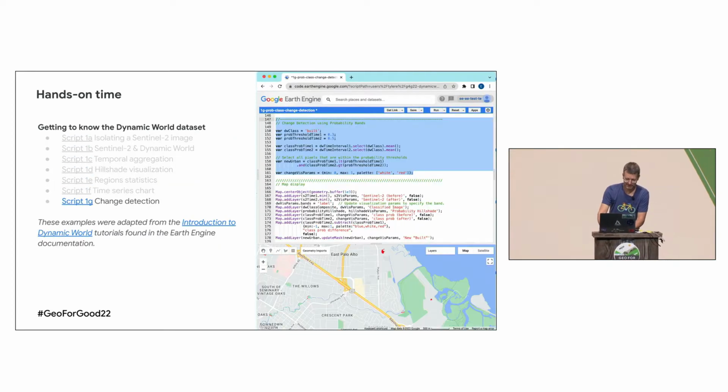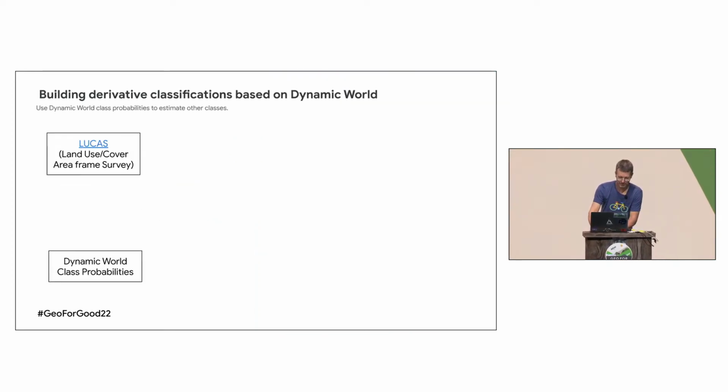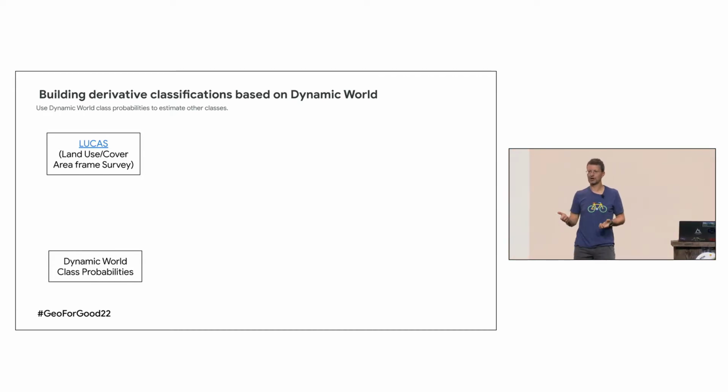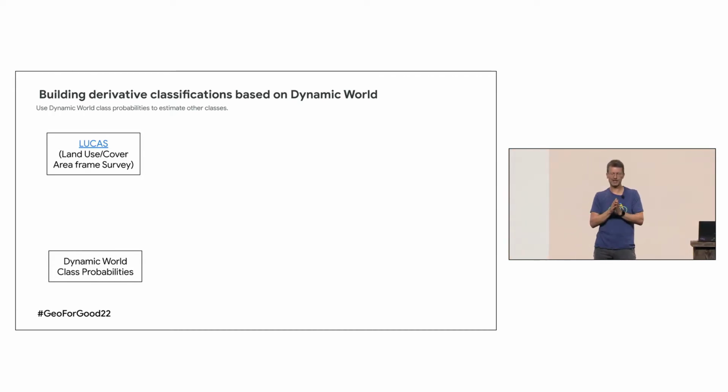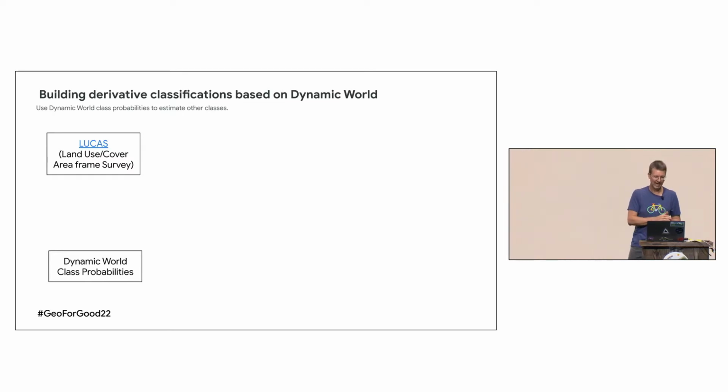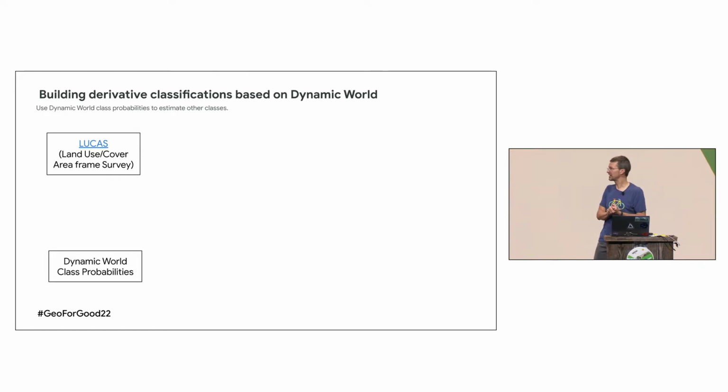All right, so we did a series of scripts in the first hour, and now we're going to erase those and move to a section that is not building upon exactly the scripts we had in the first section. But they are going to introduce some concepts that I thought were useful to explain pictorially first. We are going to demonstrate how to use dynamic world as an input into a classifier.